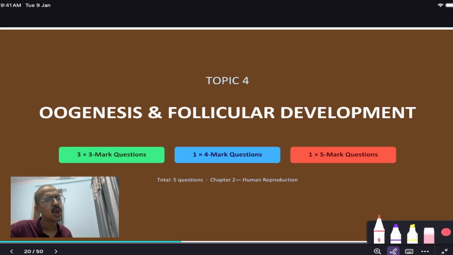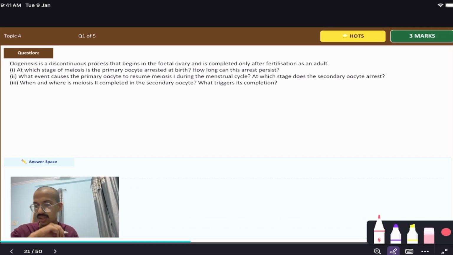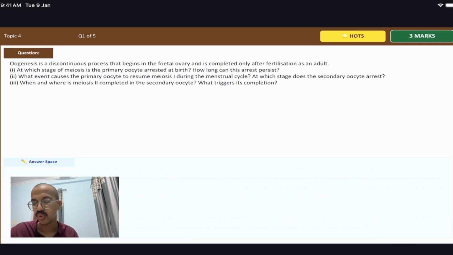Next comes the oogenesis and follicular development based questions. The first question is, oogenesis is a discontinuous process that begins in the fetal ovary and is completed only after fertilization in the adult. At which stage of meiosis is the primary oocyte arrested at birth? It is prophase 1.